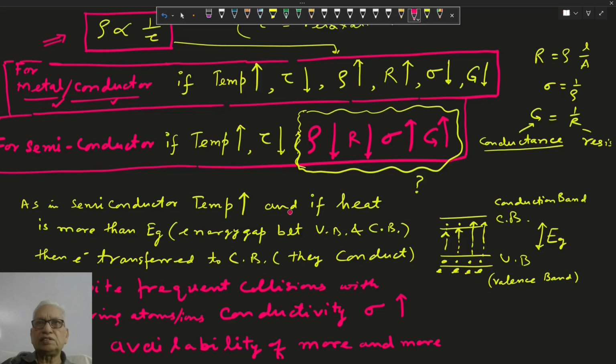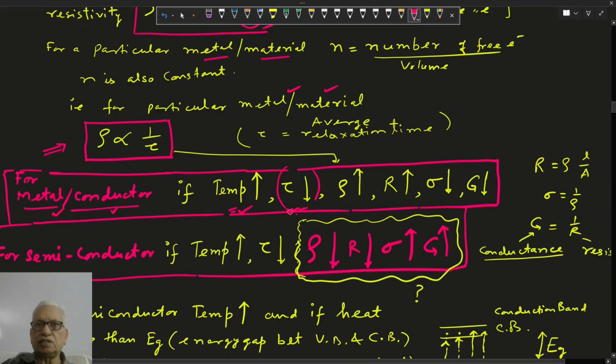If we increase the temperature, frequent collisions will occur because of the increment in heat energy, or kinetic energy. Because of more kinetic energy, the speed is more, so the electron collides frequently with neighboring atoms and ions. Relaxation time tau decreases. By this relation, if relaxation time tau decreases, then resistivity will increase.